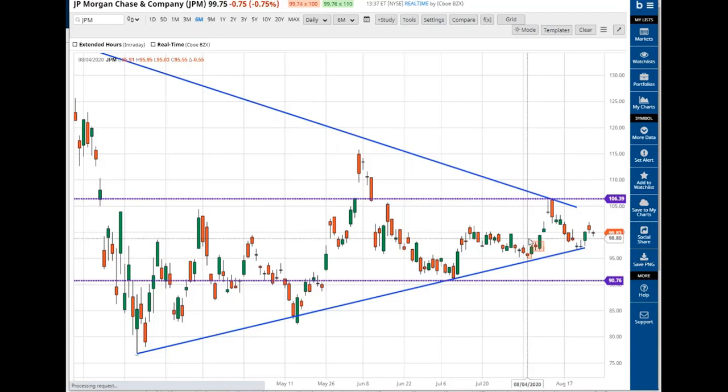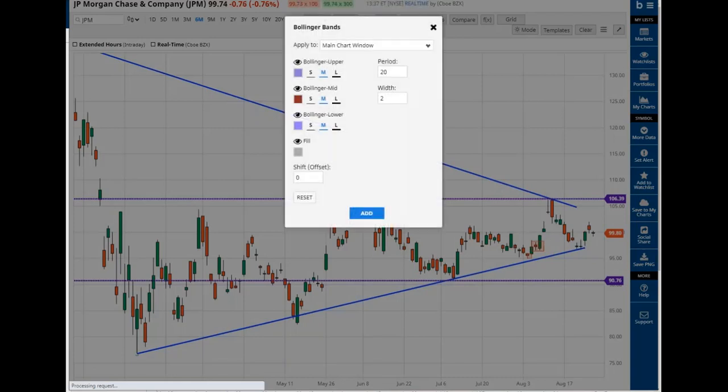Now, one of the other things that we can do in our studies, not only our moving averages, but there is a tool called Bollinger Bands. Now, some folks like Bollinger Bands, some folks don't. I like Bollinger Bands, but I want to look at them at much higher time frames, where at least my candles are at the daily level.